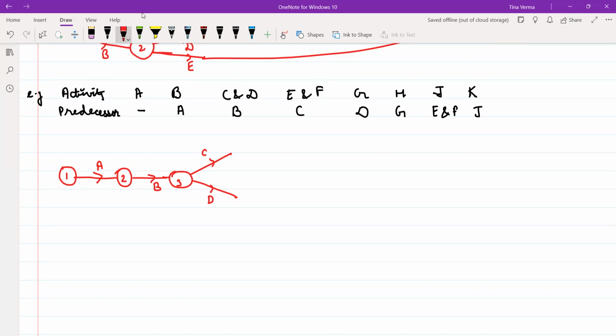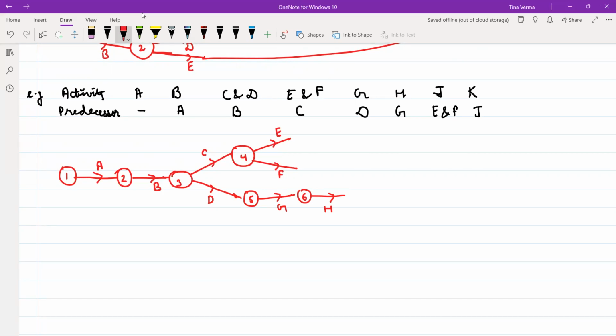Now, to start the activity E and F, I require C. To start the activity G, I require activity D. To start the activity H, I require G. To start the activity J, I require E and F.